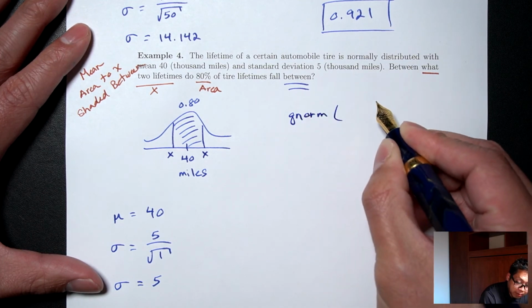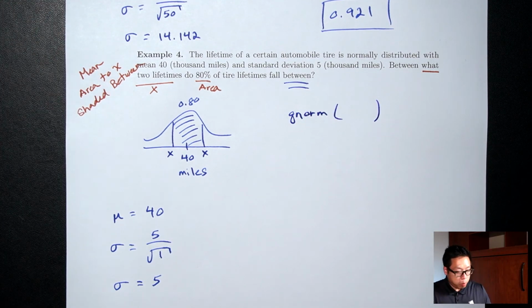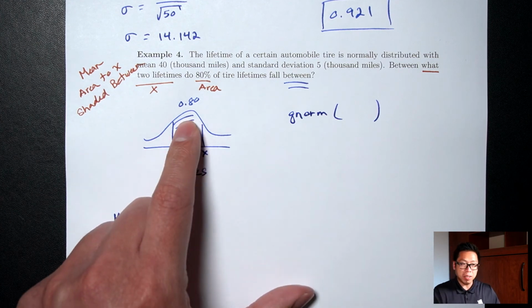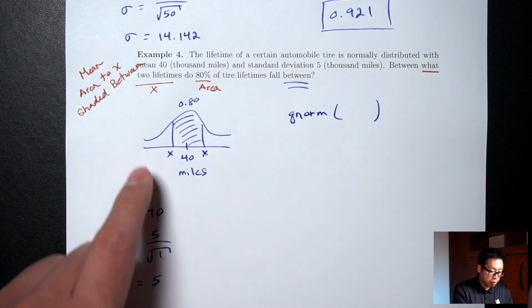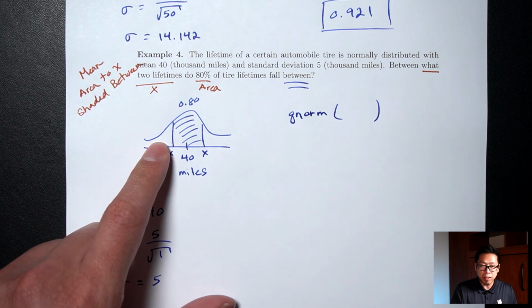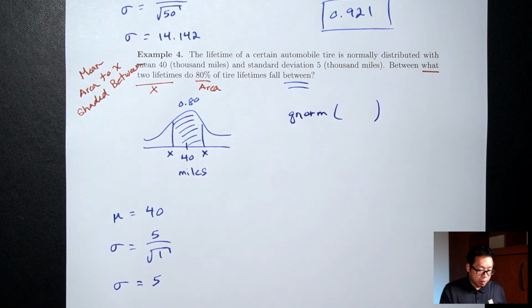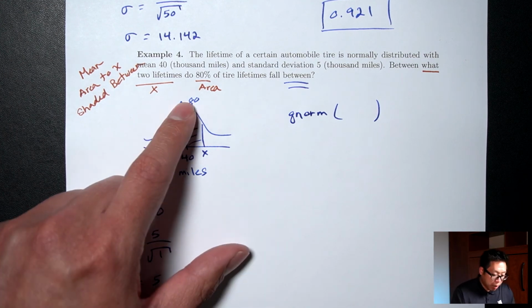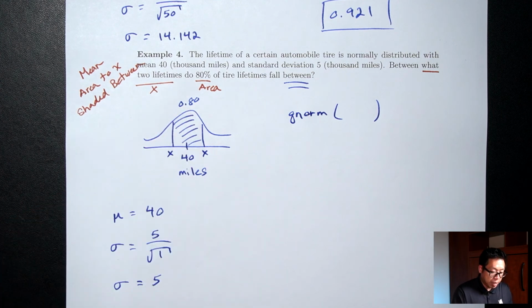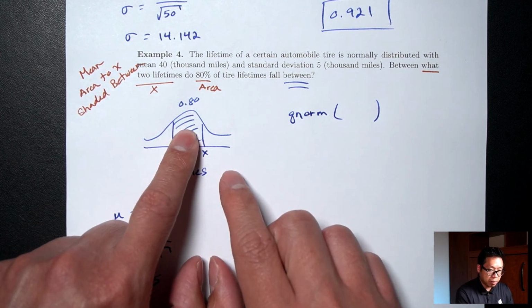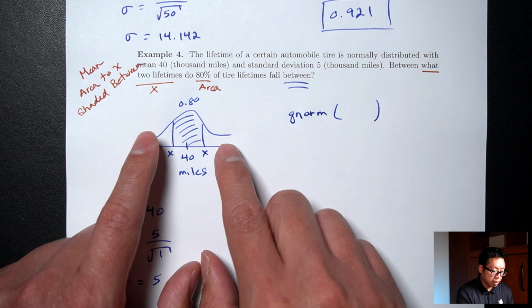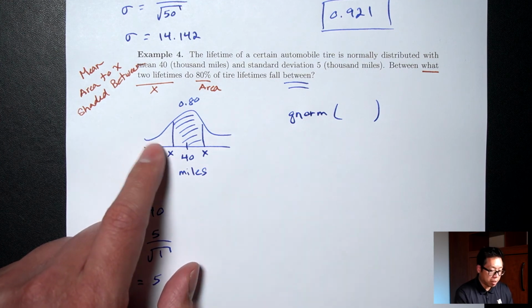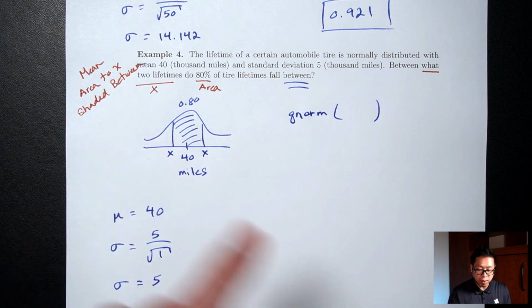Now 0.80 is not a left area, that's the area between. I want this white area here to the left. So the first thing I'm going to do is 1 minus 0.80. That's going to give me the unshaded part, which is the left and the right together. Because I just want the left, divide by 2.